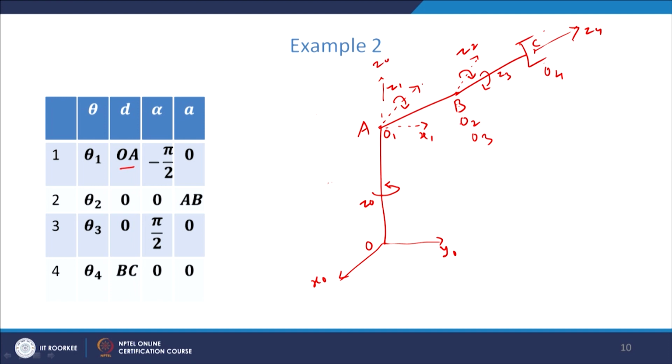So, that is the x1 direction, and Z1 and Z2 are parallel. So, the line AB extension will give the x2 axis. Similarly, Z2 and Z3 are always perpendicular to each other. The cross product will give the x3 axis, a line perpendicular in this direction, it is the x3 axis.